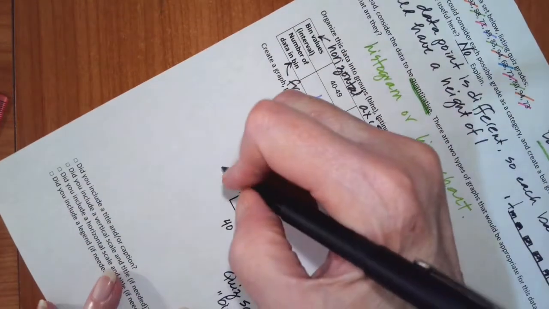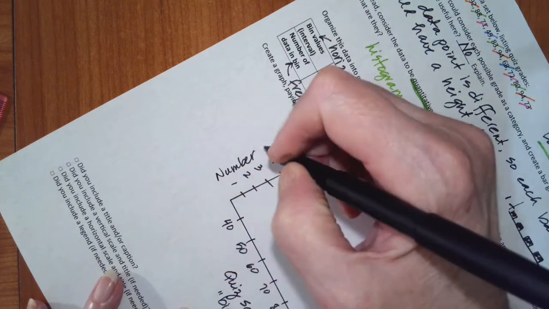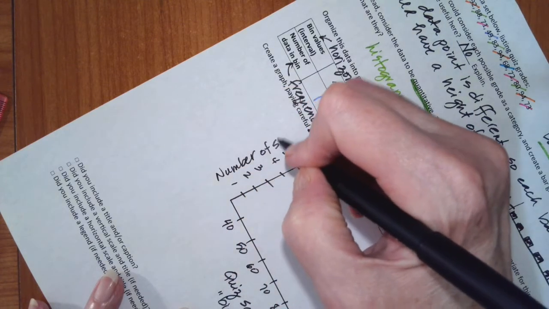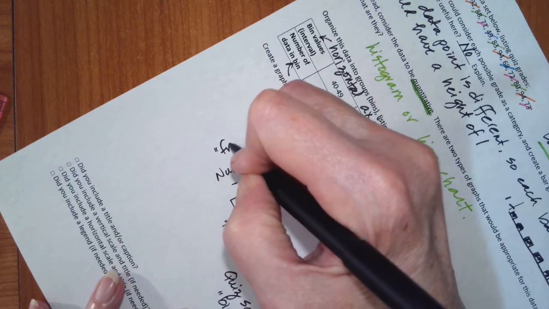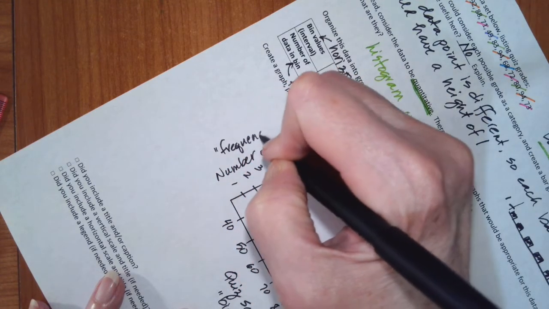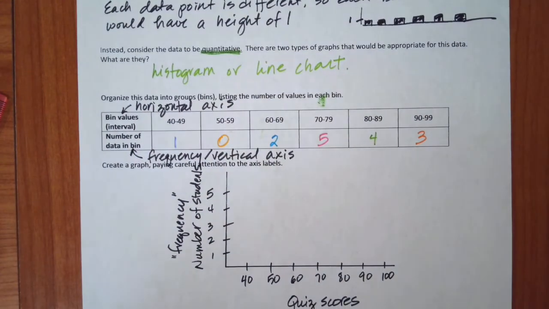And this is going to be the number of students, which is my frequency. Okay. All right, so now I just have to draw my bins. Okay. They are touching. They are all the same width. The only difference is the height, the frequency.